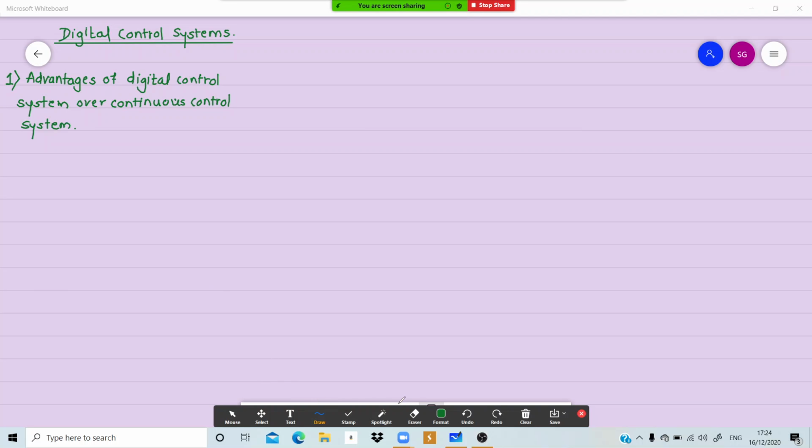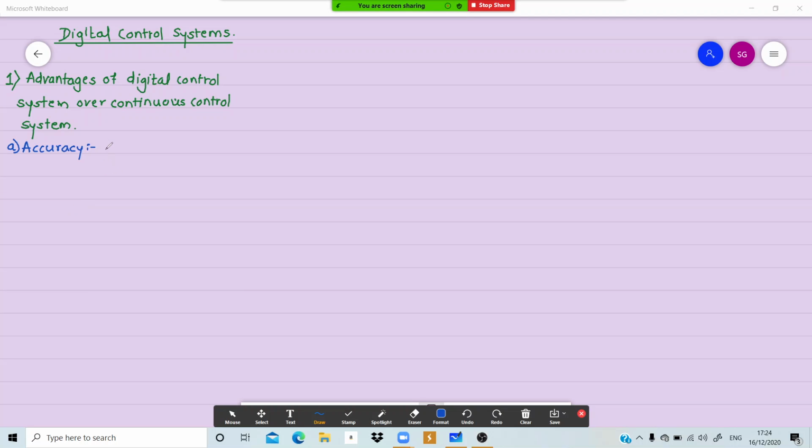So number one, a very important advantage is accuracy. Even if the analog signals are very accurate, we do not have equipment or instruments which can measure those accurate signals in analog terms. But with digital, the signal is represented in zeros and ones, typically 12 bit or more for a single number, and a very small error can also be detected.